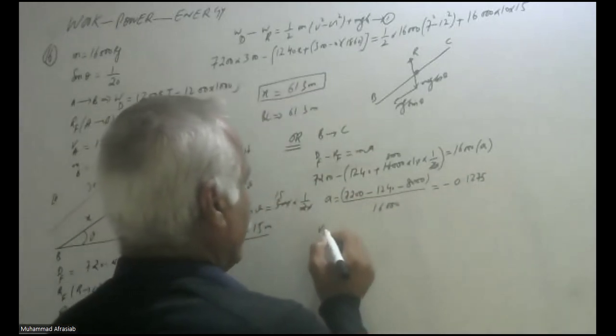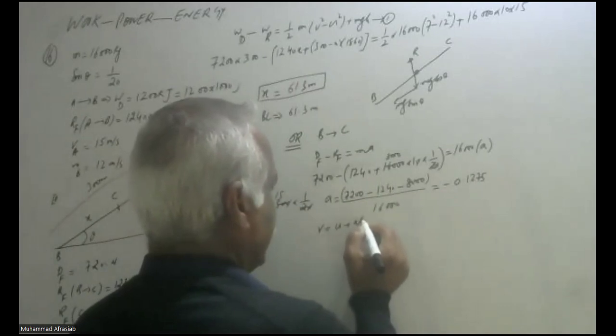So we know from this equation V is equal to U plus AT.